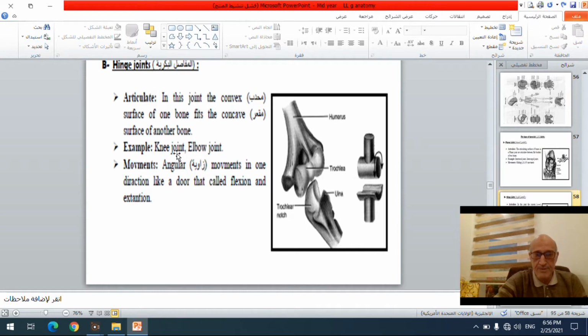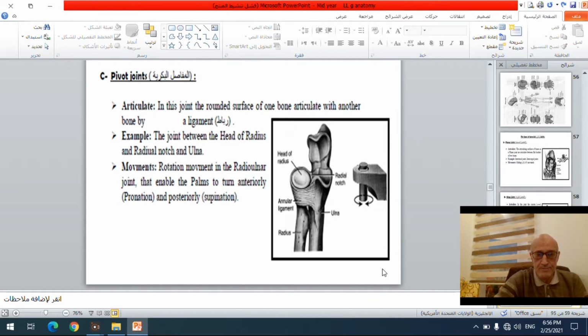This is the elbow joint. Another example is the knee joint, the same thing. Movement is angular movement in one direction like a door. The movements are flexion and extension.